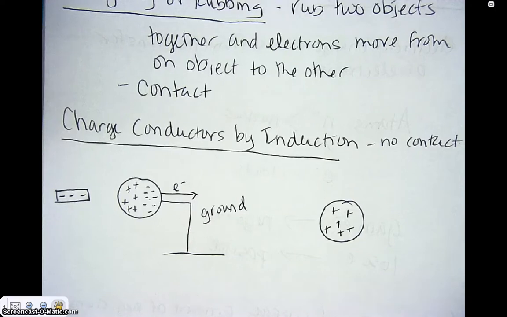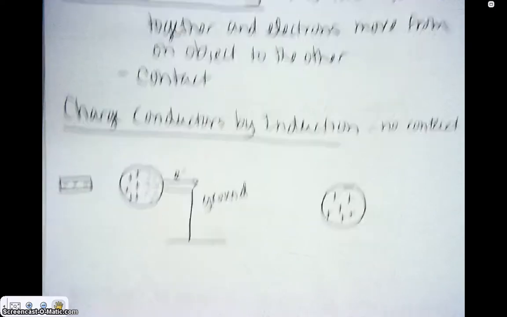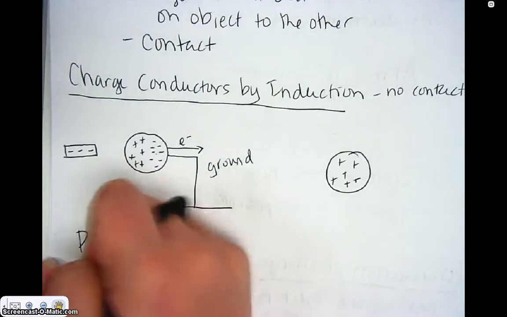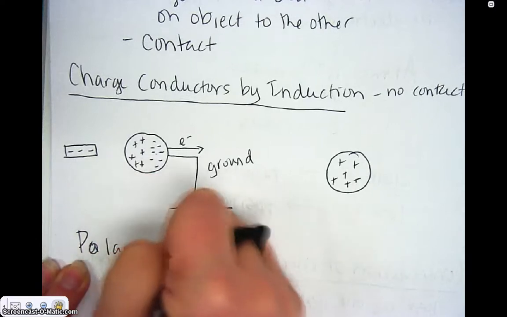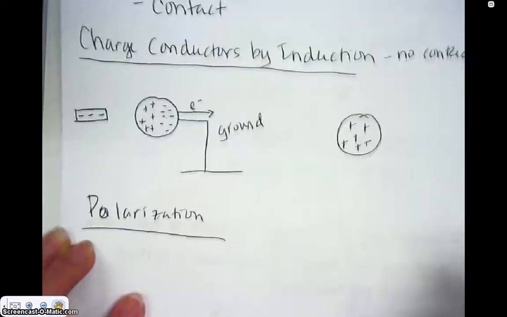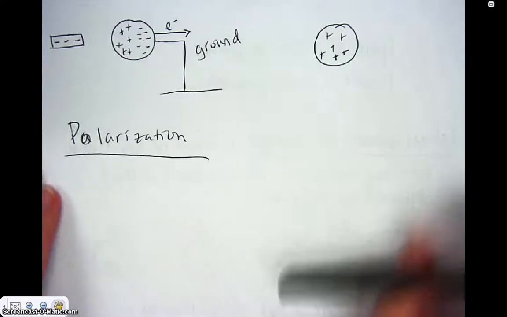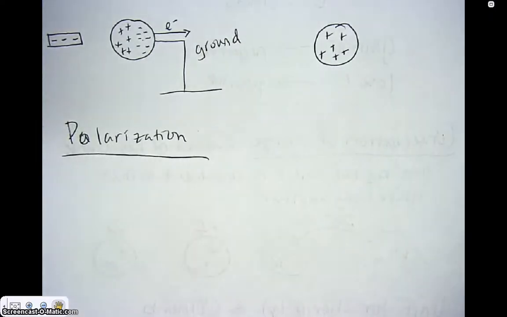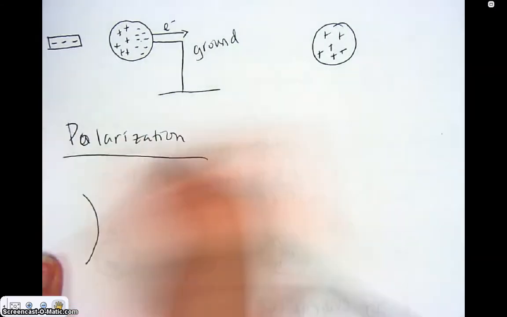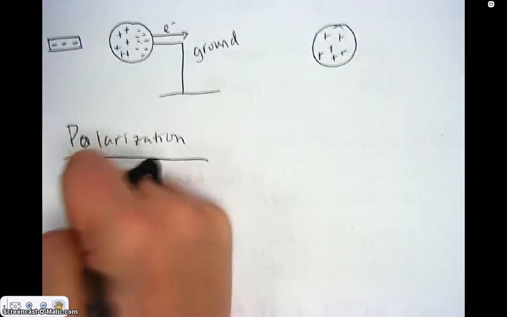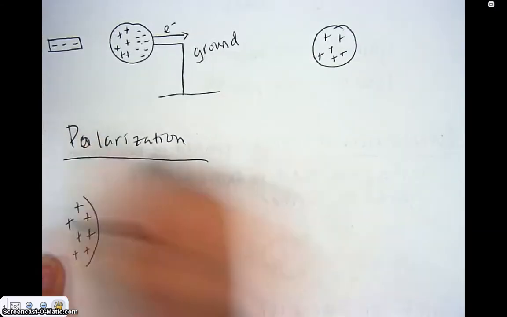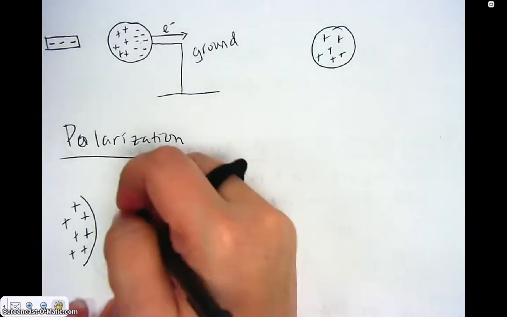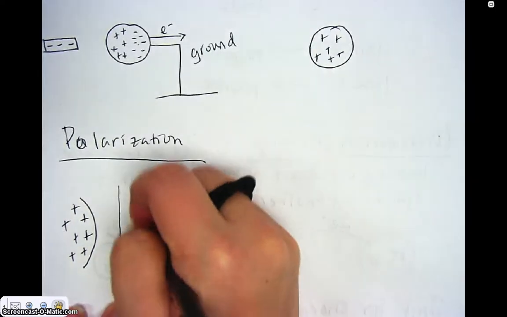Let's go ahead and look at one more instance where we have a polarization. Okay? So this isn't a true charge, but it's when we have a polarization. So if I were to have an object, and it has some charge, so let's say I bring this big positive sphere close to some sort of rod here.